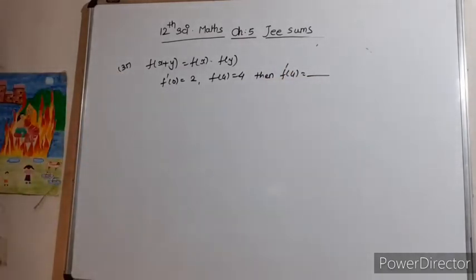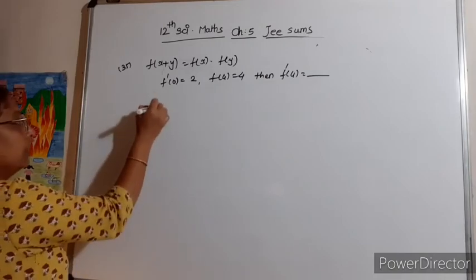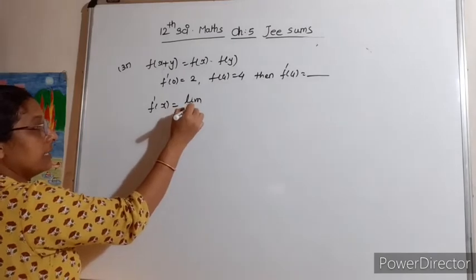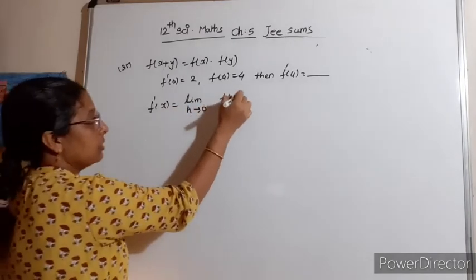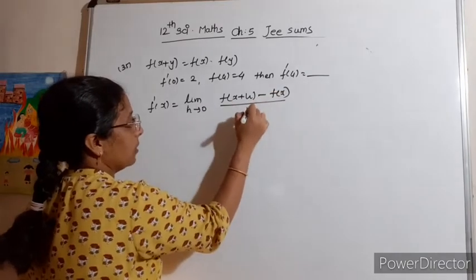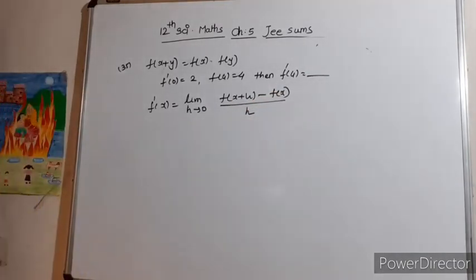Whenever it is f dash something you want to find, you will use the formula of differentiation, that is limit h tends to 0, f of x plus h minus fx upon h, which is the formula of f dash x.